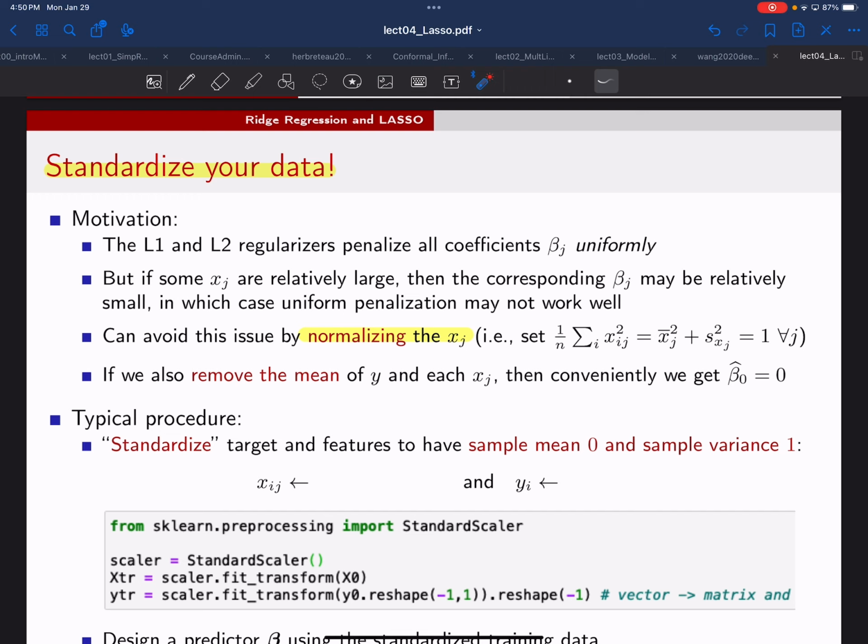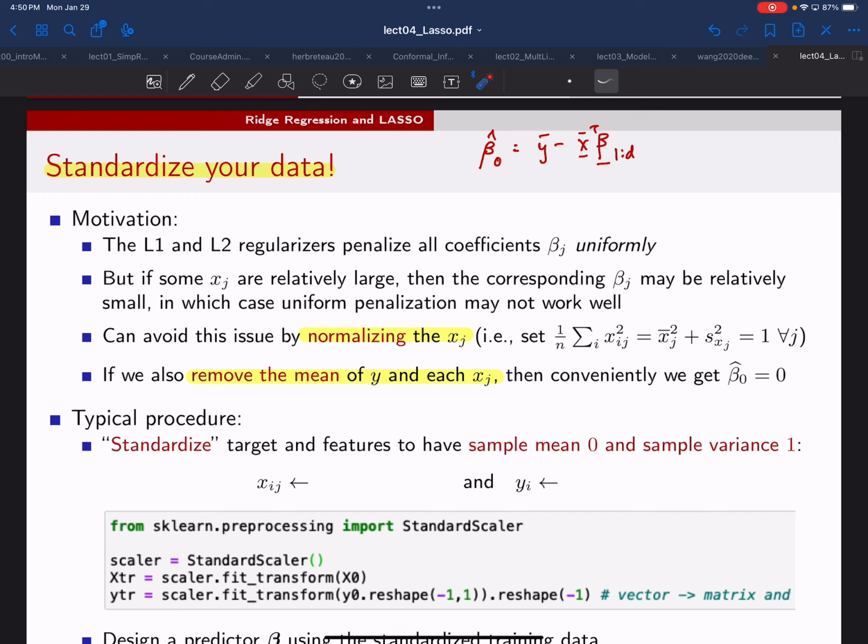So something convenient happens. If we remove the mean of our targets and each of our jth features, we get beta 0 equals 0. This comes from an equation we derived. So beta 0 is y bar minus x bar transpose beta 1 through d. I'm writing that from memory. I think it's true.